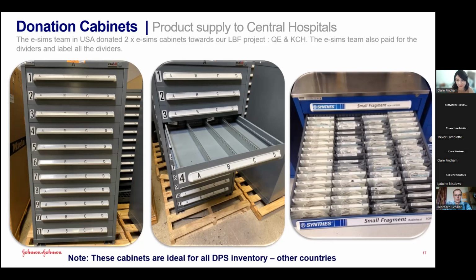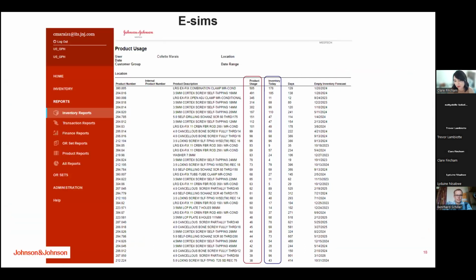So the software program is fortunately a Johnson & Johnson program. I'm just going to show you 2 slides of what we can see on our program. So this is every hospital in Malawi has got this program, and they've got their login details.